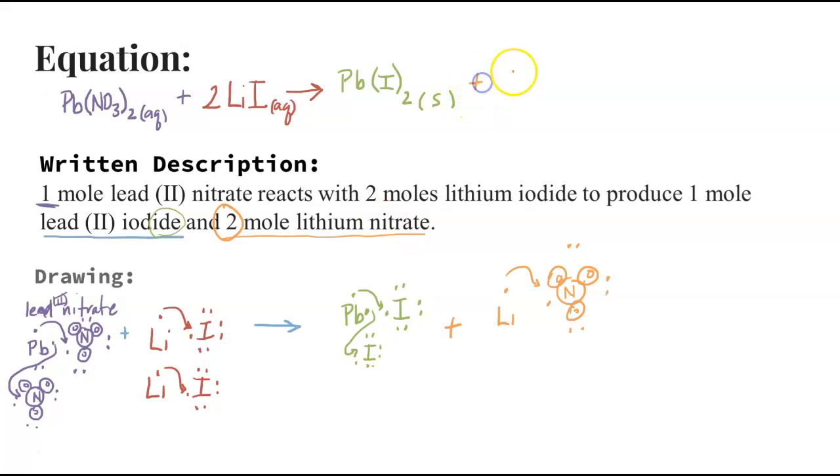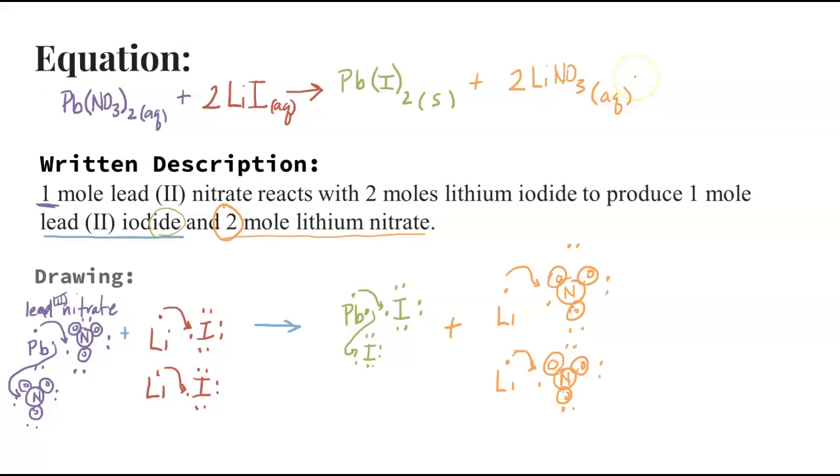This tells me that I have 2 LiNO3, right? So I'm going to have to draw 2 sets of these. There we are. And I look at my solubility chart, or I can simply look at my periodic table and my polyatomic chart, and it will tell me that those are aqueous.